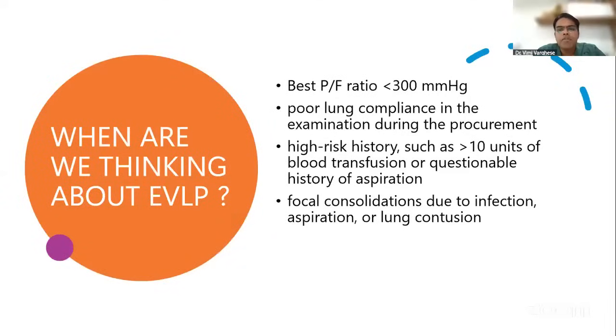Now, when we go for an organ retrieval, there are many things that will not be very favorable for donor lungs. I have written a few factors, like 4 important factors, where we strongly think EVLP can make a difference. That is when the PF ratio, which we usually take from the pulmonary vein by sampling, is, let's say, less than 300.